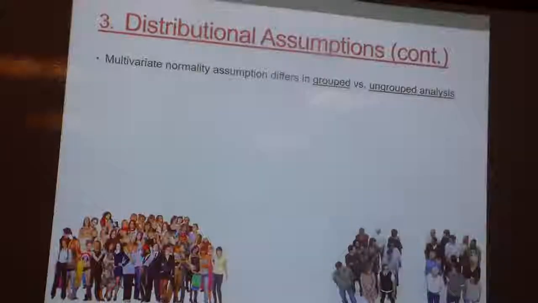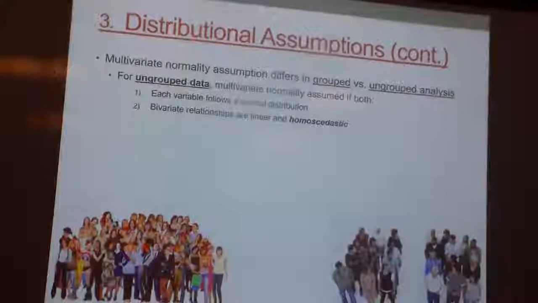So for our distributional assumptions, there are some different assumptions, whether we're talking about grouped versus ungrouped analyses. And so, Stephanie, this is getting into the issue you brought up. For ungrouped data, our multivariate normality is assumed if each variable follows a normal distribution.